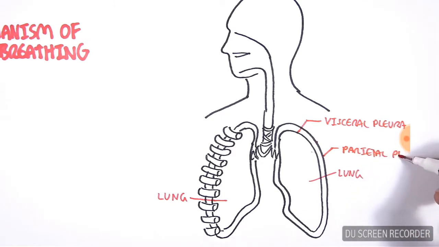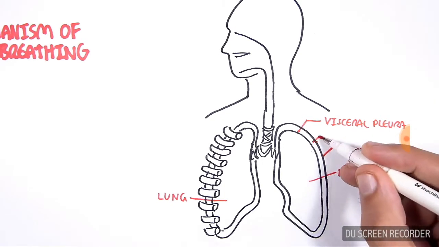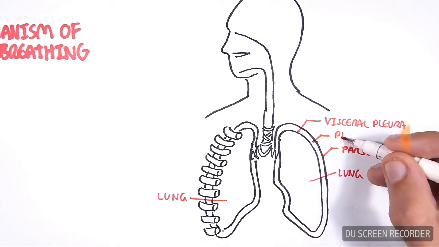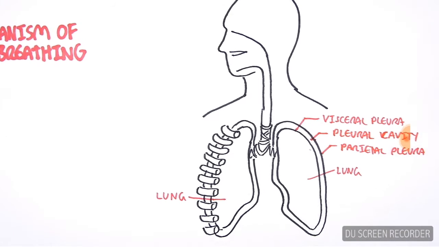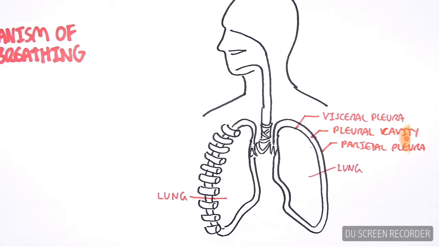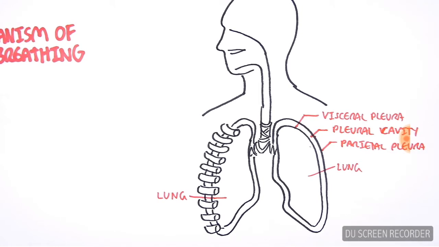The parietal and visceral pleura are actually part of the same serous membrane. It just folds on itself. But we don't have to really understand that for this video. In between the visceral and parietal pleura, we have what's called the pleural cavity. And it's important to know just the names of these three when dealing with the lungs.